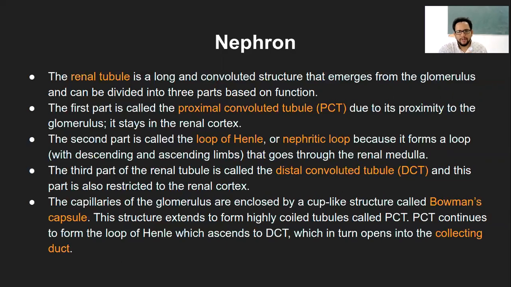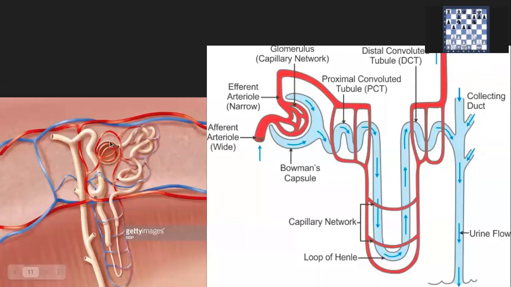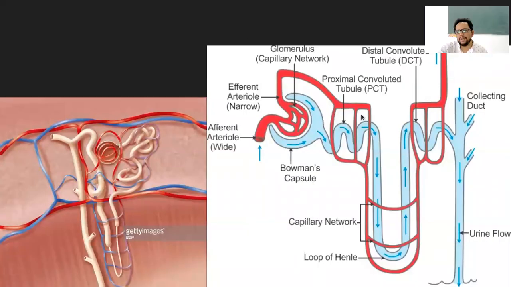Okay. So the renal tubule is a long convoluted structure. Convoluted literally means folding, right? Like our brain has a convoluted layer, that means it has a folded layer. If you look at the diagram again, these foldings are called convolutions.